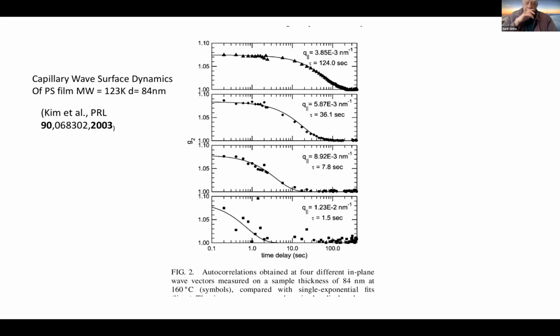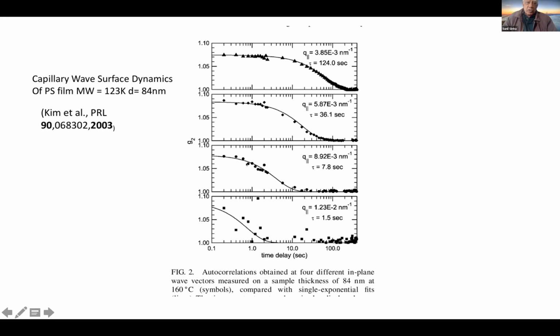And let me just say that the only reason why you would do Grazing-incidence XPCS is if you want to look at a film on a substrate, because otherwise, presumably, you would want to do the XPCS in transmission geometry. If you want to do it in grazing incidence and still do XPCS, it has to be on a substrate somehow, or a thin film, or some kind of magnetic film on a substrate.